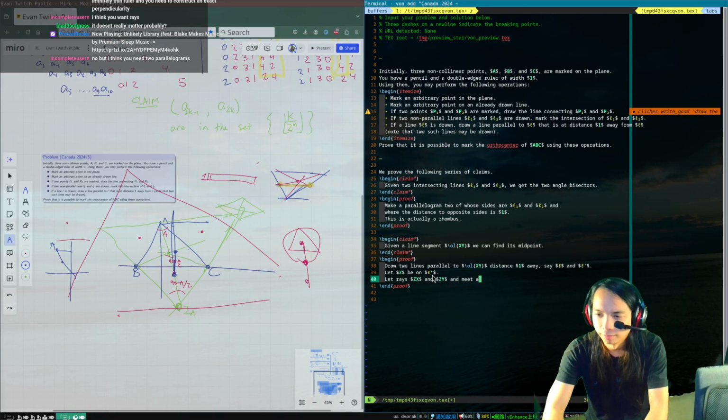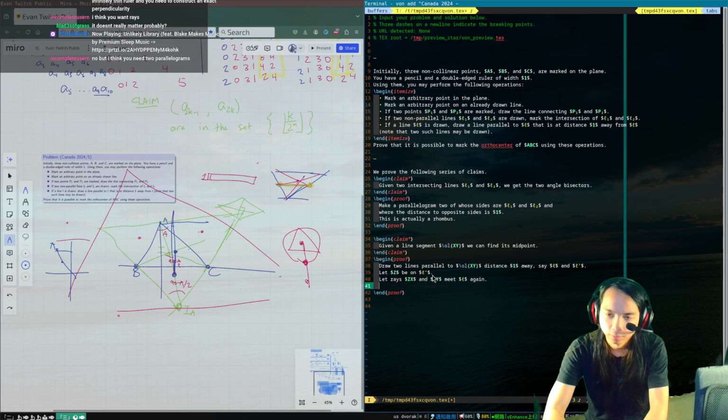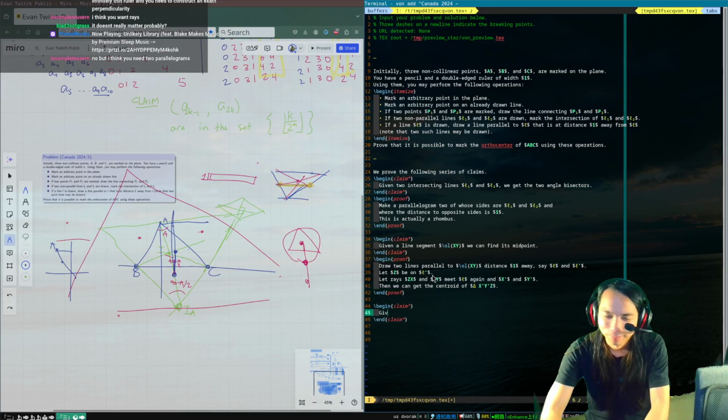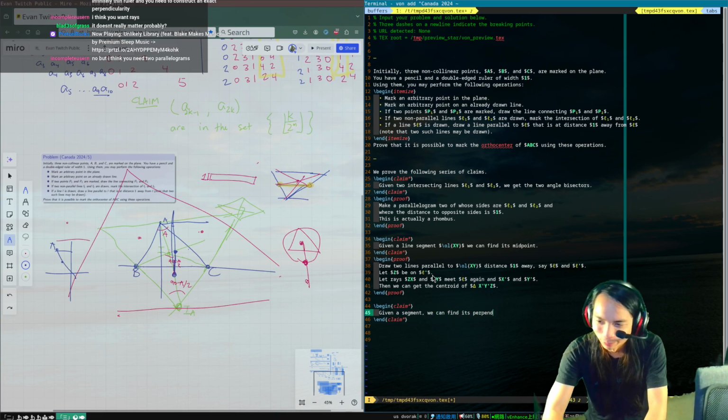If I raise ZX, you meet all again. Then we can get the centroid of triangle X prime Y prime Z. Okay, cool. So claim, given a segment, we can find its perpendicular bisector.